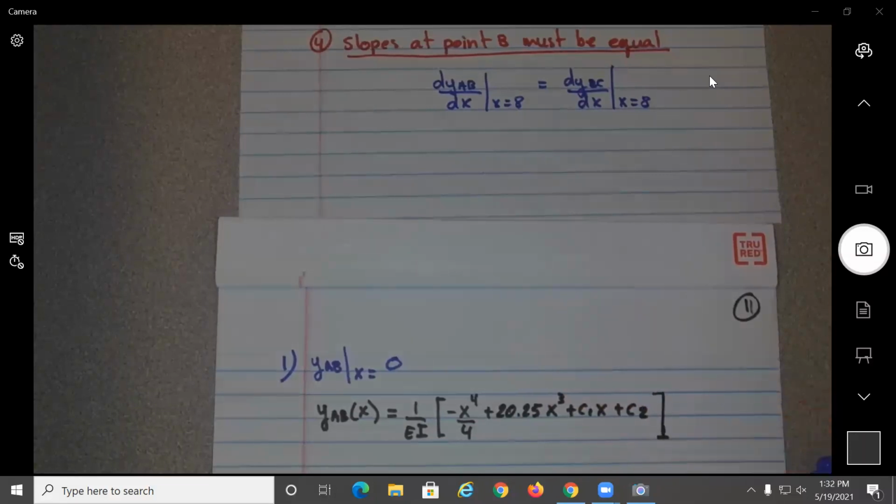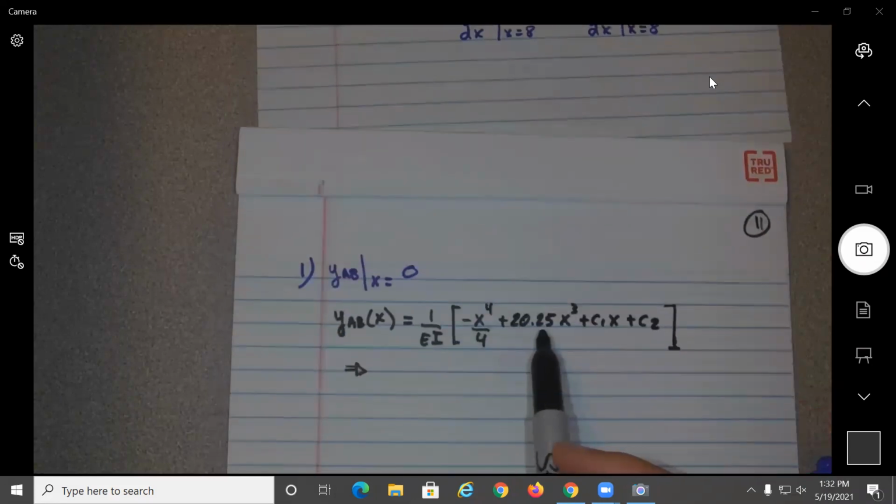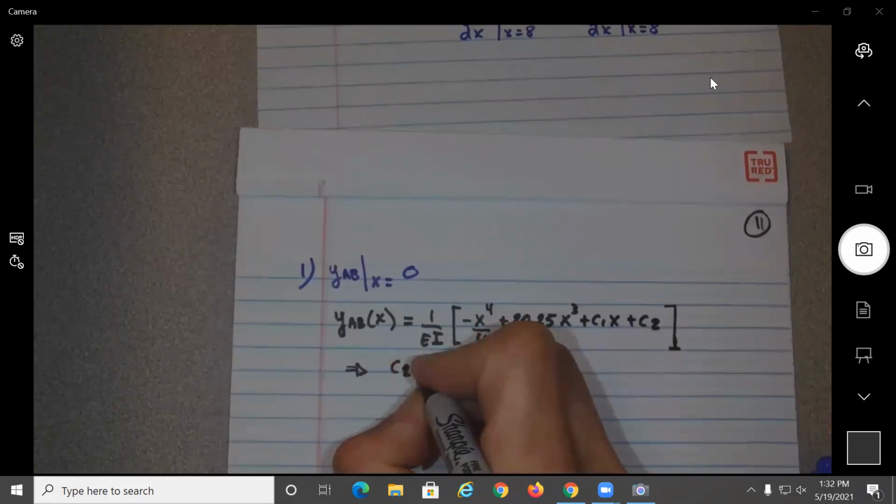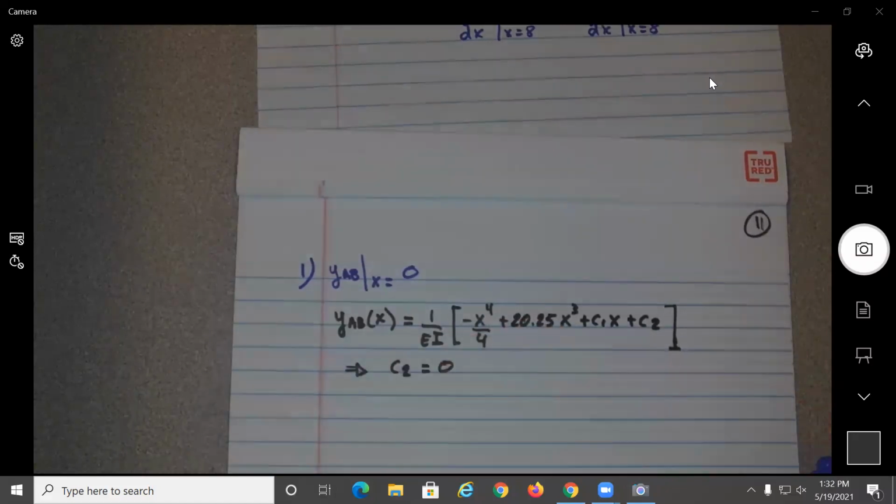So basically, if we apply this condition, what are you going to get? This term will be 0, this term will be 0, this term will be 0. So you will get that C2 is equal to 0.